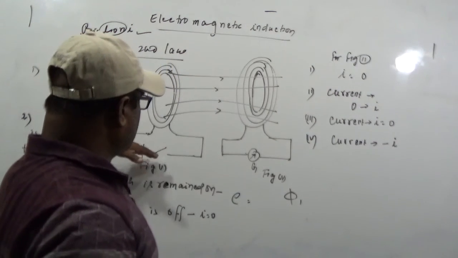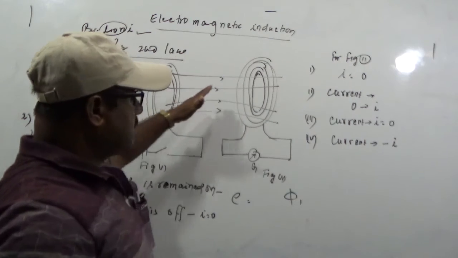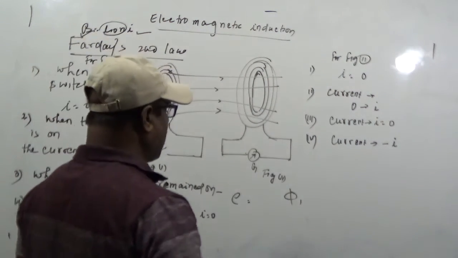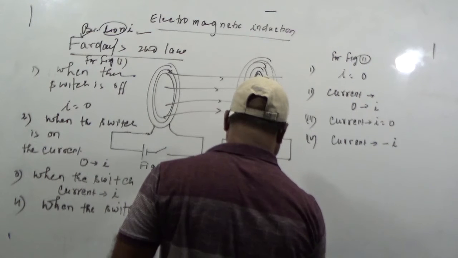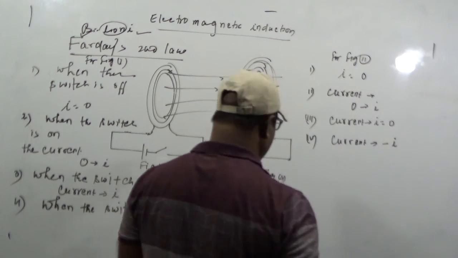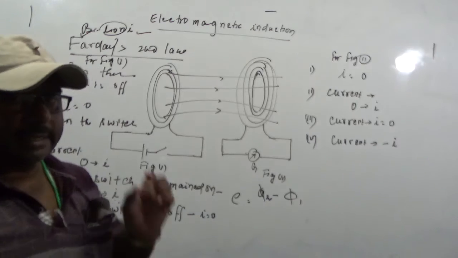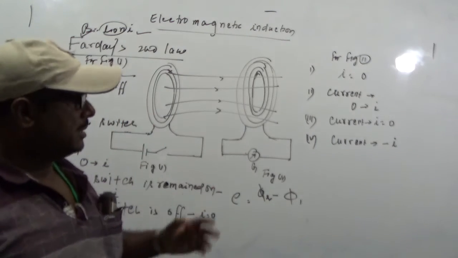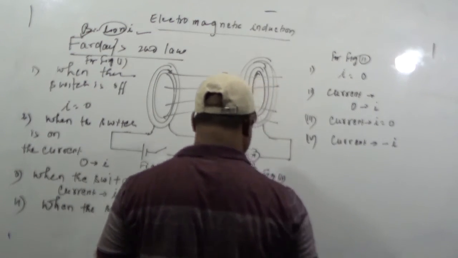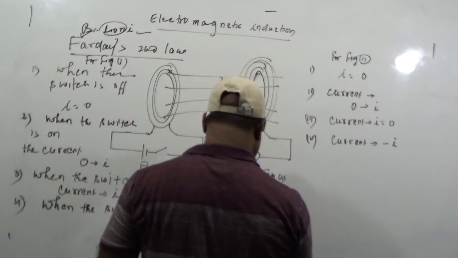But when the switch is on, the magnetic lines increase, and that is phi 2. And this is a difference. How much difference? Phi 2 minus phi 1. And this happens in time t, and it is opposite.